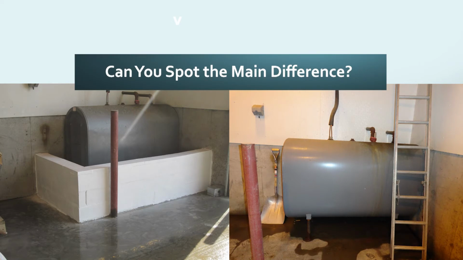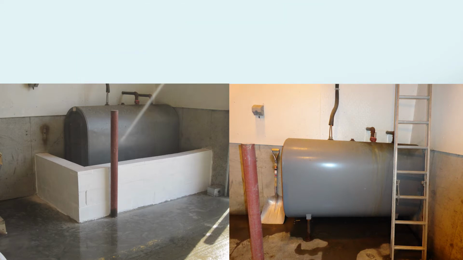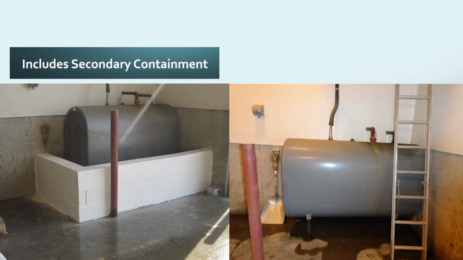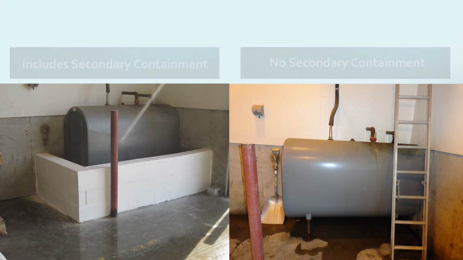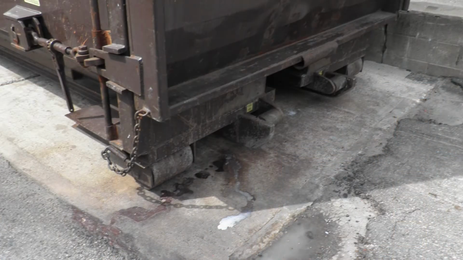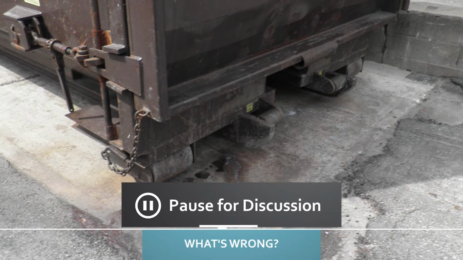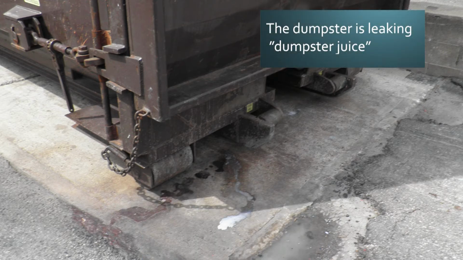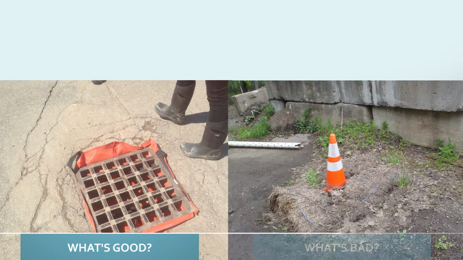Can you spot the main difference? The first picture shows the tank with secondary containment. What's wrong? The dumpster is leaking dumpster juice. What's good and what's bad?